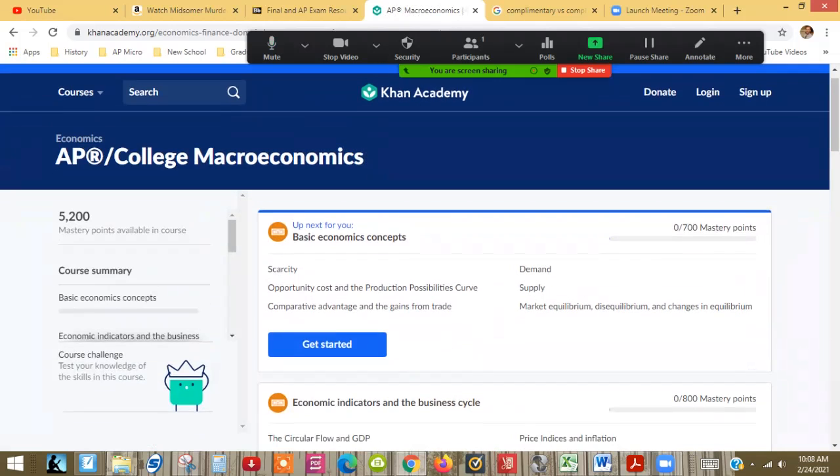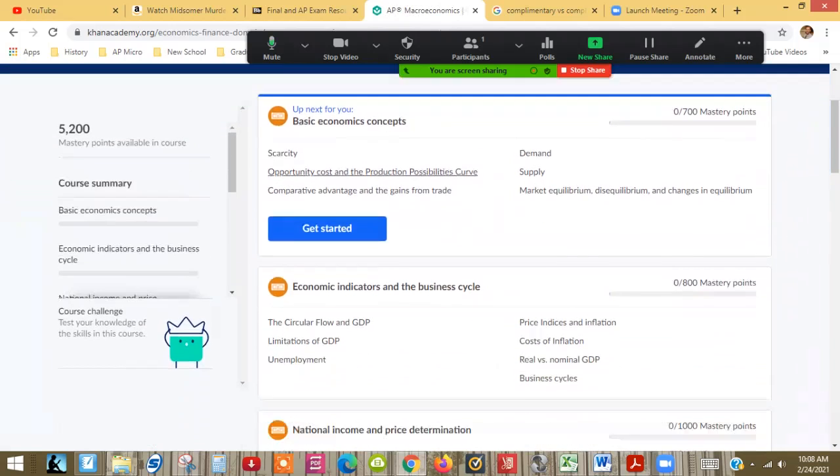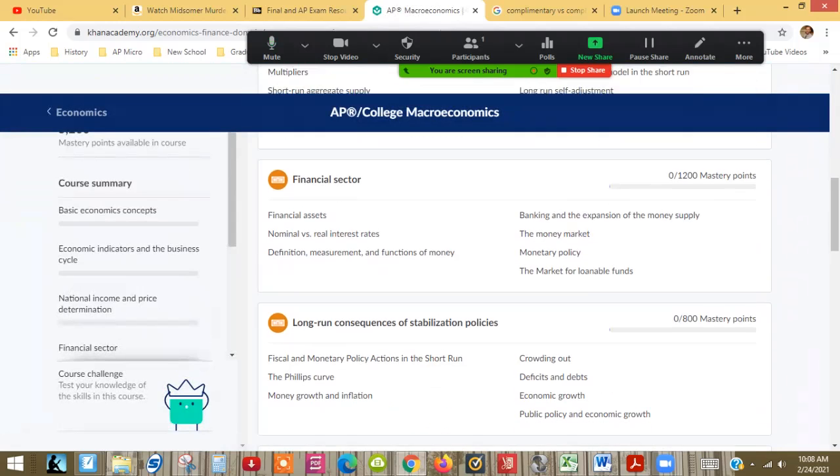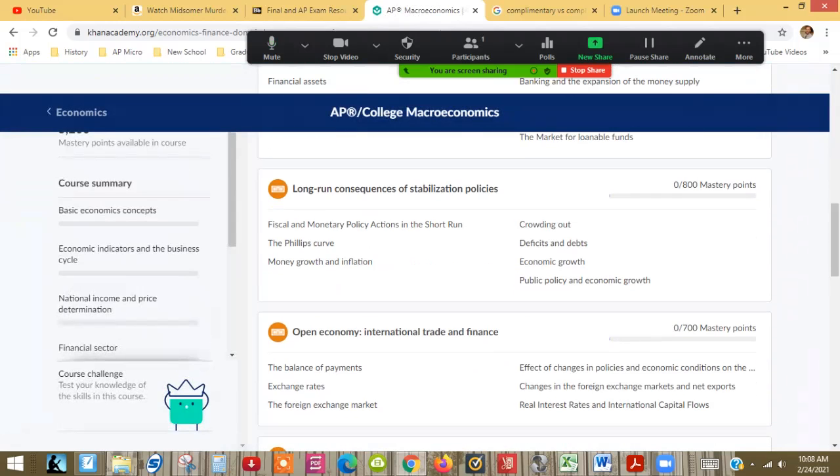So this is 6 units, very closely aligned to the AP curriculum. This is really a great way, or the best way I have found, of being totally prepared for the AP exam.